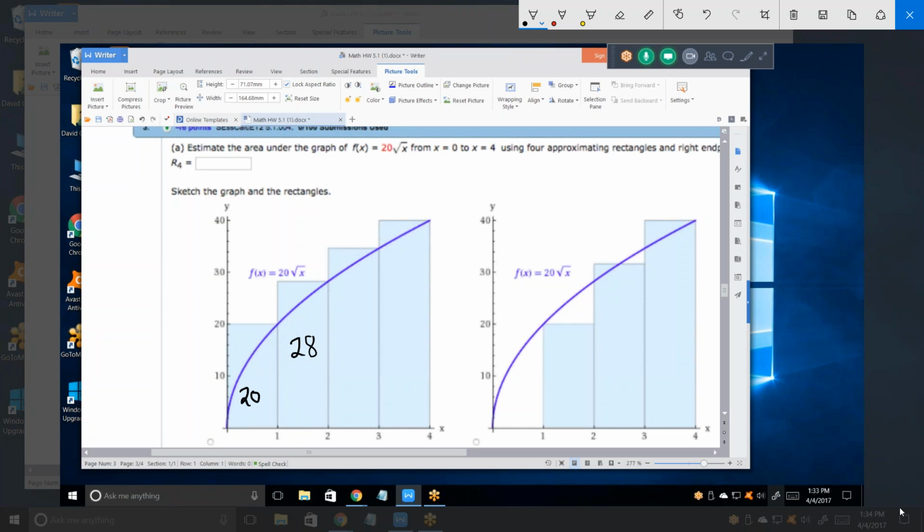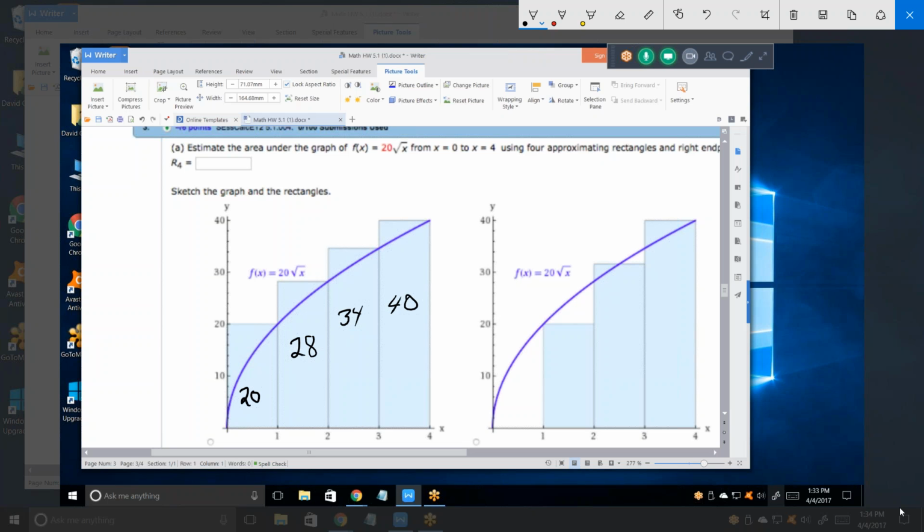The area of the rectangle is the width times the height. Right. And then 34, and then 40. Notice that we're kind of guessing a little bit, right? Because we're not able to read the grid perfectly.